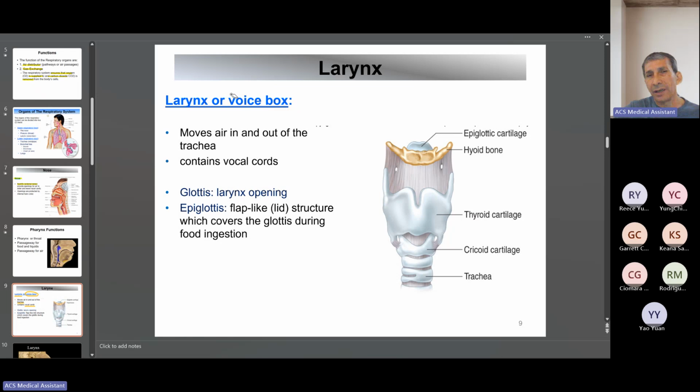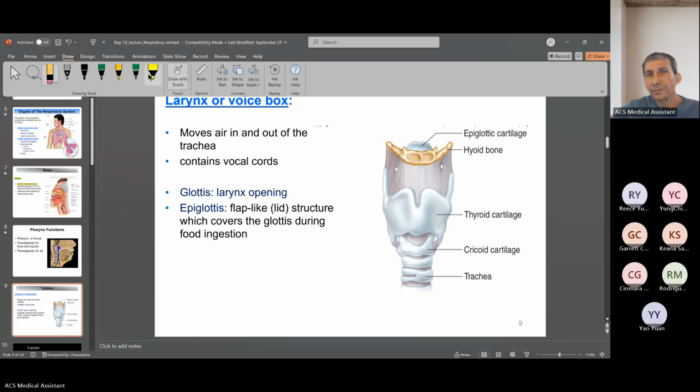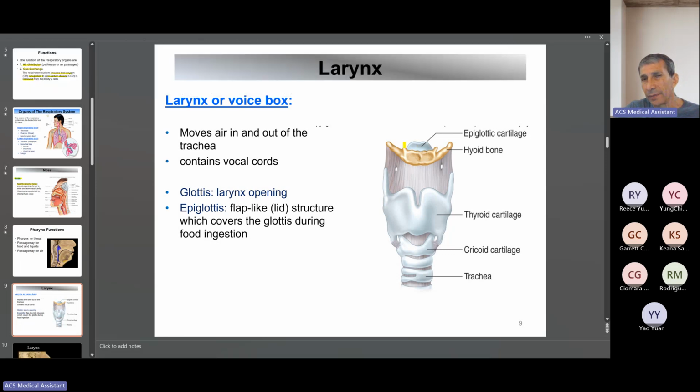Now, right there on top of the larynx, we're going to have the glottis. What is the glottis? It is the opening of the larynx. So right here, where the throat or the pharynx connects with the larynx is called the glottis.